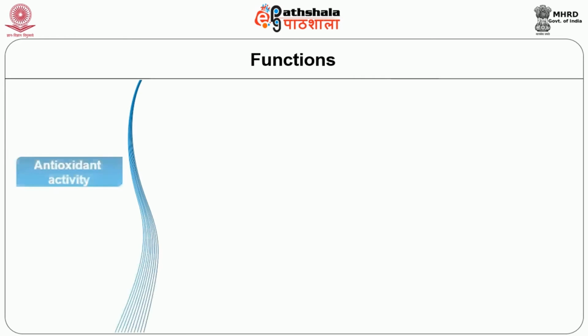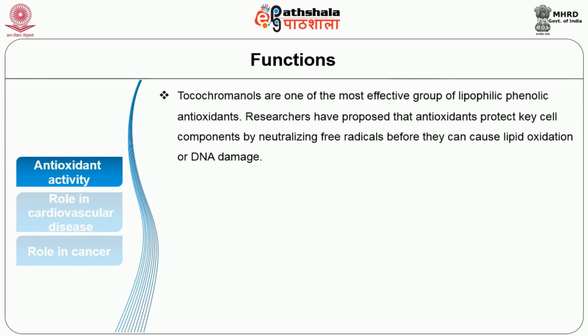Coming to the major functions, antioxidant activity. Tocochromanols are one of the most effective groups of lipophilic phenolic antioxidants. Researchers have proposed that antioxidants protect key cell components by neutralizing free radicals before they can cause lipid oxidation or DNA damage.